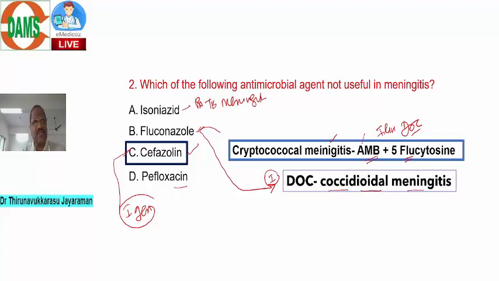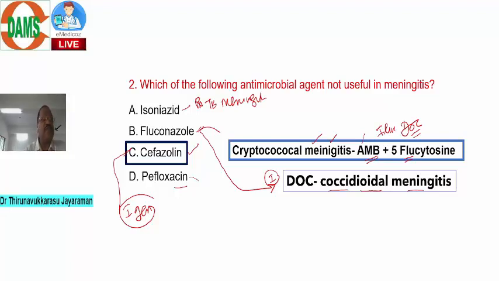Fluconazole is the first line drug of choice for coccidioidal meningitis. That's one point. Second point, fluconazole can be maintenance therapy in case of cryptococcal meningitis. Normally for cryptococcal meningitis, the first line choice is amphotericin B plus 5-flucytosine. Okay. Pefloxacin among the quinolones has very good penetration into CSF.